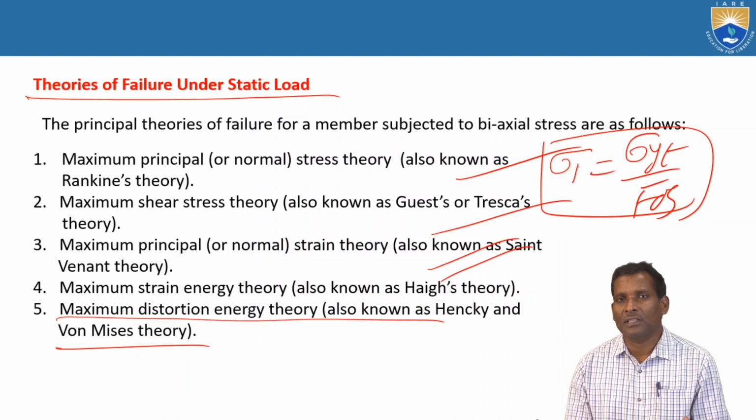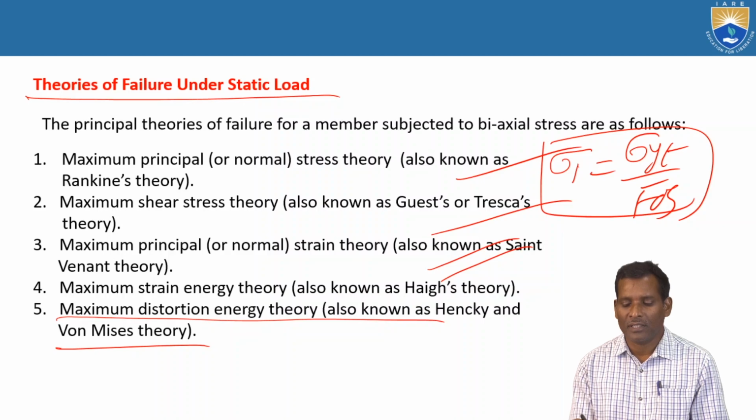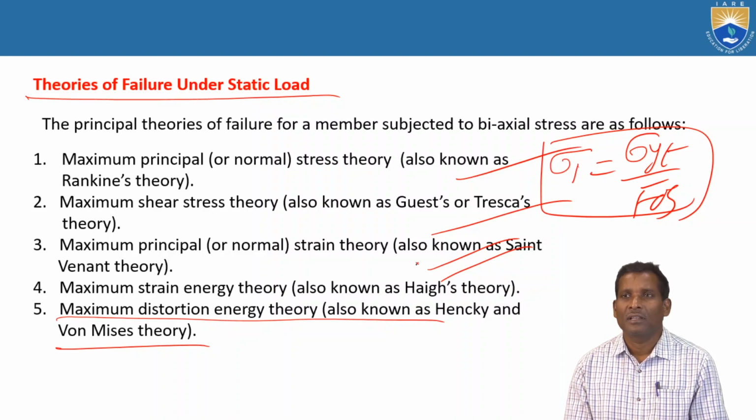The second theory, maximum shear stress theory, also known as Guest-Tresca theory, says that the failure occurs due to shear stress when the yield begins, as in the case of simple shear stress.